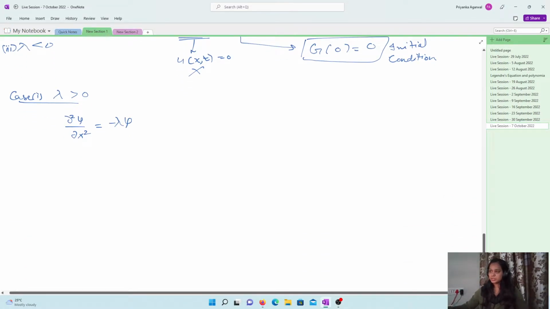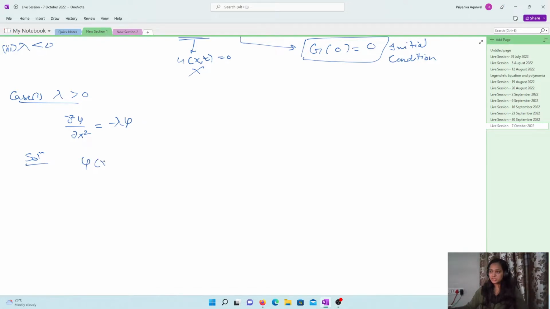Now the solution becomes psi at any x equal to c1 cos root lambda x plus c2 sin root lambda x.